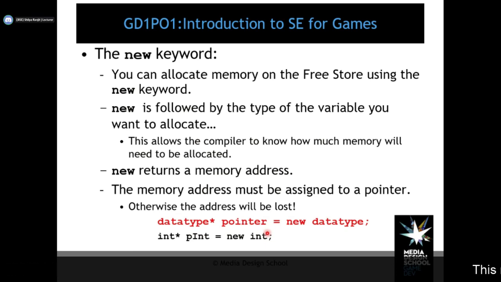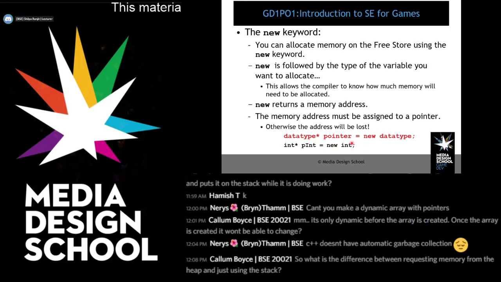So what is the difference between requesting memory from the heap and just using the stack? The stack is allocated memory only during compile time, whereas a heap can wait until runtime and then allocate memory based on what the runtime input is. So in the case of arrays, for example, you can see how much input the user requires.